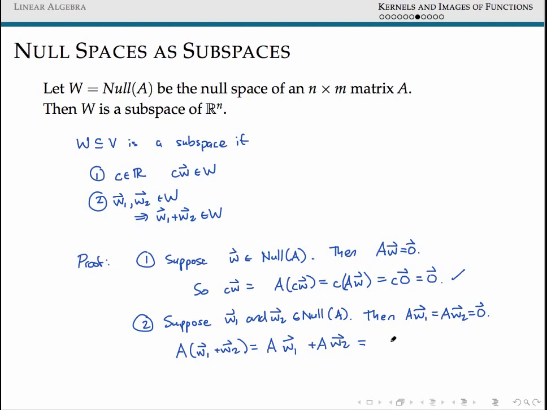We know that both of those individually are 0, so their sum is 0. So property 2 holds, therefore null of A is a subspace of R to the n.